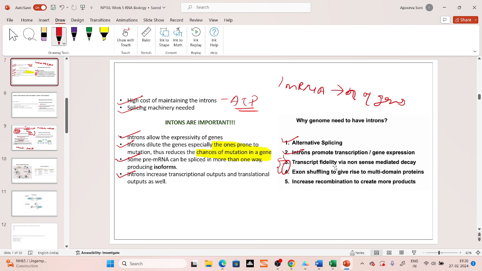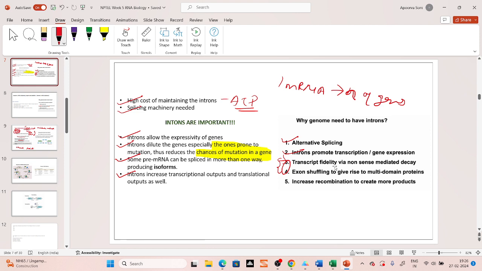So can anybody tell me what is the meaning of transcript fidelity? Without mistakes. True. Fidelity means true, so without any mistakes. Yes. So that means whatever transcript is formed, it is a completely correct transcript.